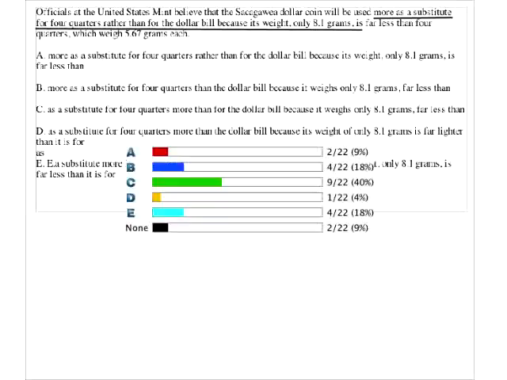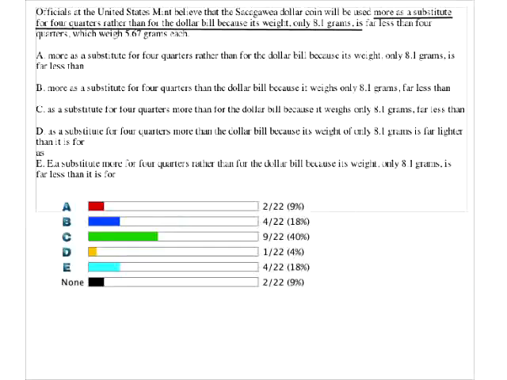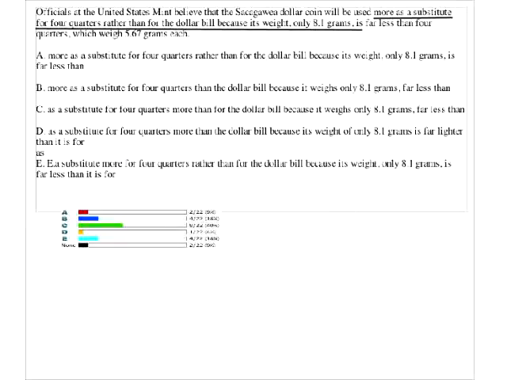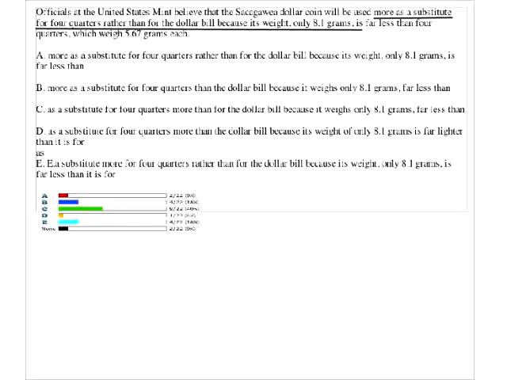Okay, here's your statistics. Let's take a look. So we have two comparisons in this one. This one's a good one.